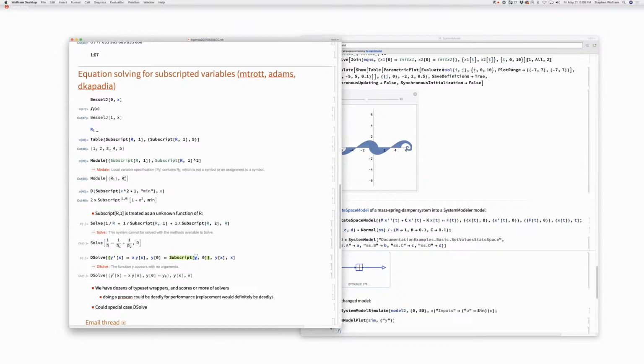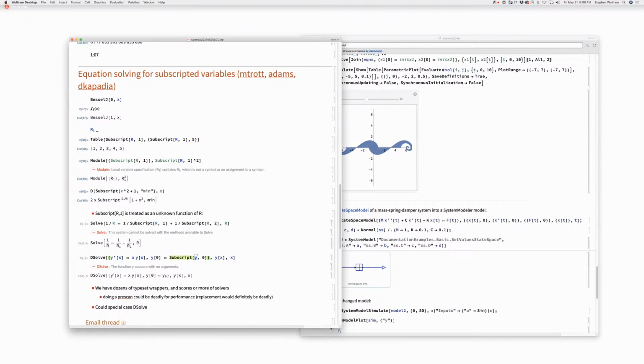Okay, so maybe one possibility is we have a new option like OpaqueHeads going to Automatic, and Subscript and whatever other typesetting constructs go into that. If people don't want that, they make it an empty list, and if they want to add their own custom ones, they can add those. Right. I think the question is the default for y sub x. I'm not sure about that.